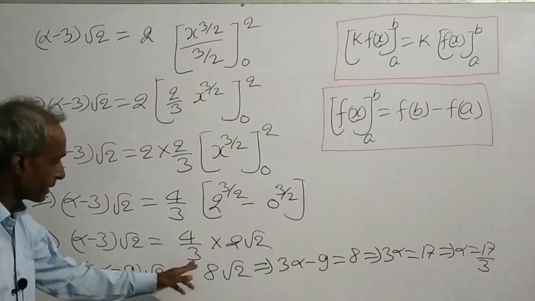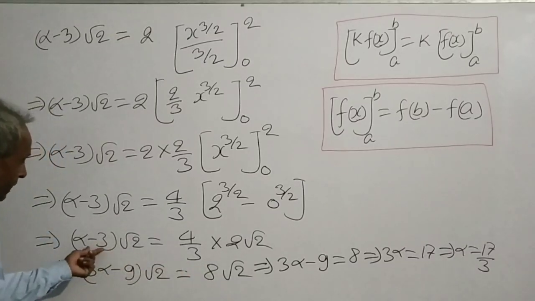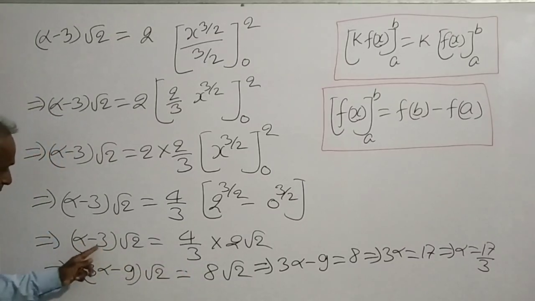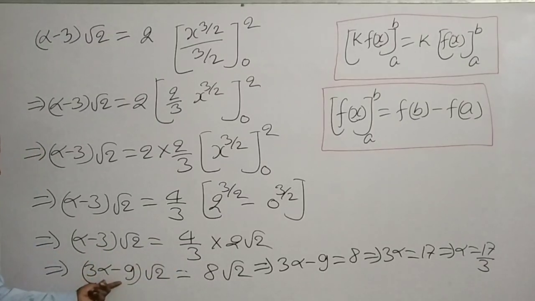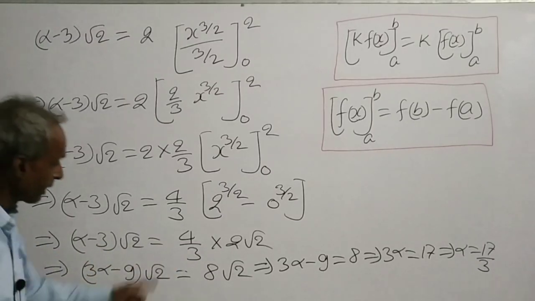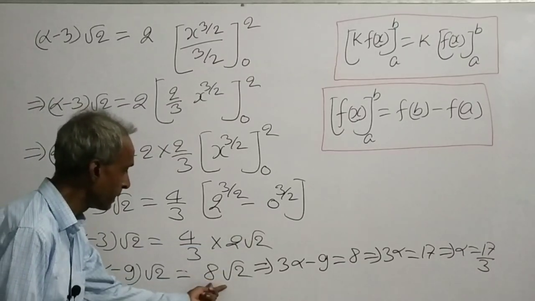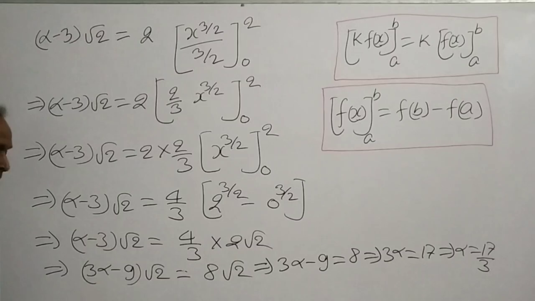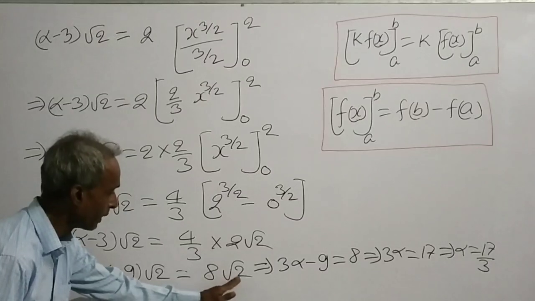When we shift this denominator 3 on the left hand side and multiply this alpha minus 3 by this 3, then this becomes 3 alpha minus 9, and 4 times 2 root 2 will be 8 root 2. Here is 3 alpha minus 9 root 2. Here is 8 root 2.